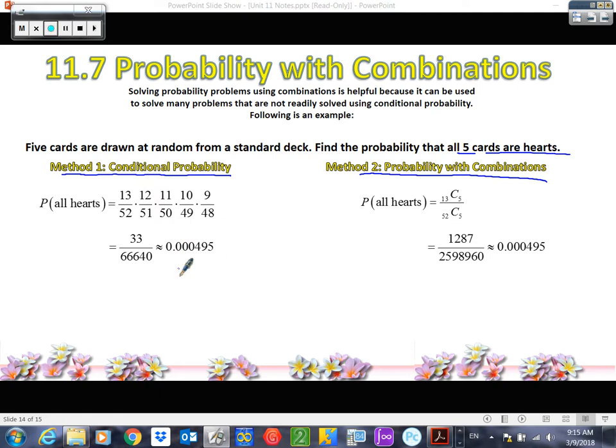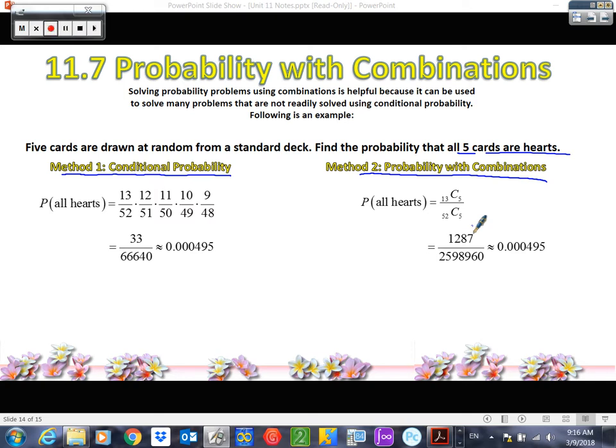The other way that we're going to focus on today is using combinations. So same scenario, I want the probability of getting all hearts. There are 52 cards I have to choose from, and I'm choosing 5 cards, right? And it's a combination because it doesn't matter the order I choose the cards in. In the numerator, it's what I want, right? Probability is what you want over total.